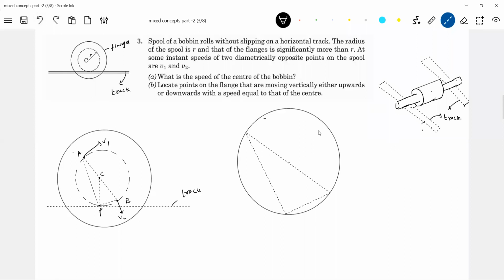Okay, that triangle is something very important.